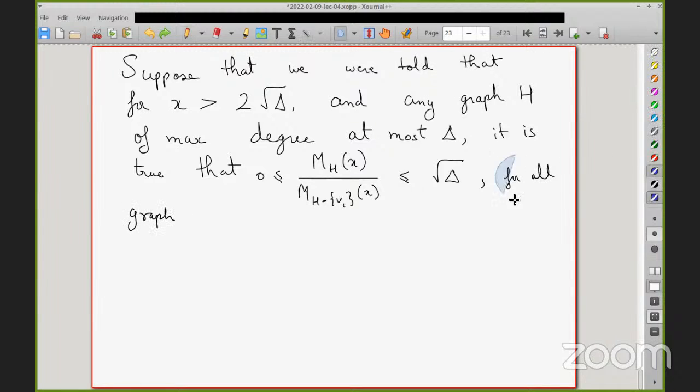So I'm restricting now. Earlier I told you that we were told for all graphs. Let me say for all graphs of size up to k vertices. Can you now prove it for graphs of size k plus 1?